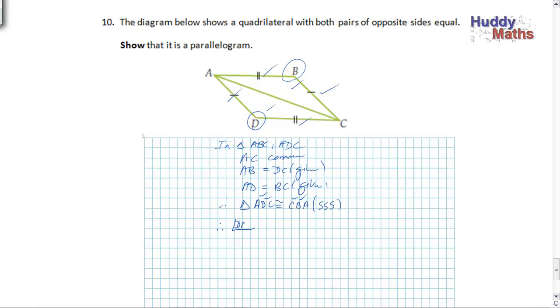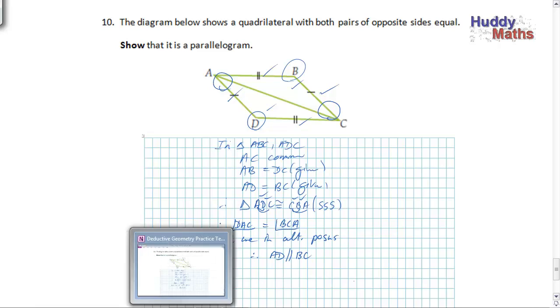Angle DAC, D to A to C, will be the same as B to C to A. You're going to use those match-ups to get equal angles, because what is that? DAC, that angle, and BCA are equal and are in alternate positions. They're equal in alternate positions. Therefore, AD is parallel to BC.